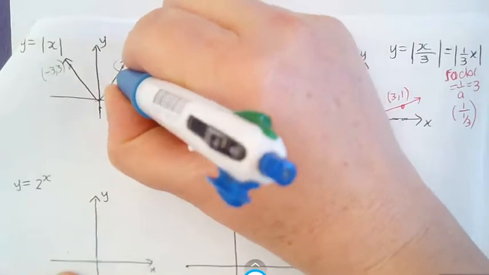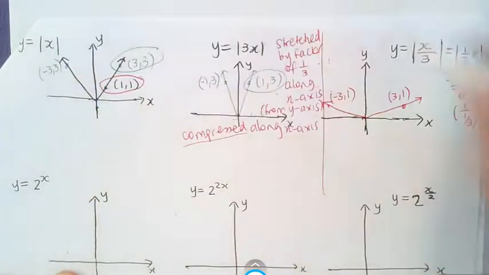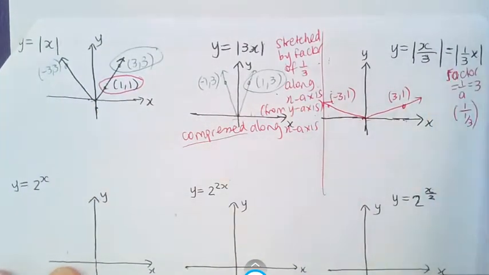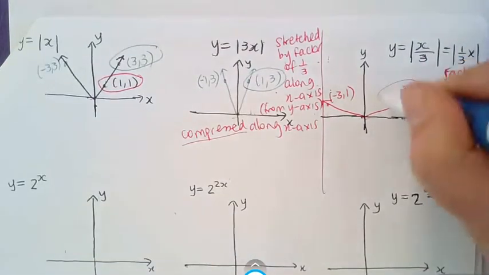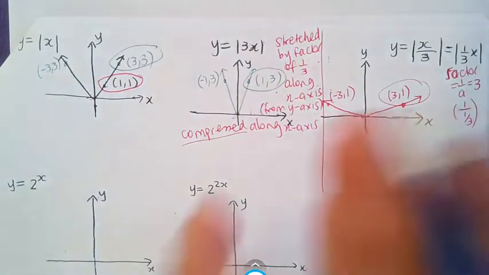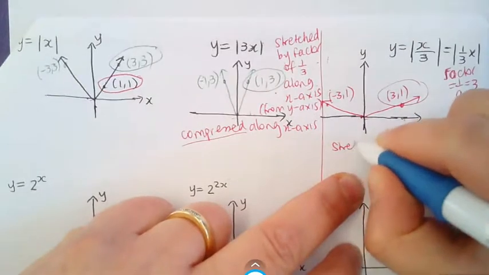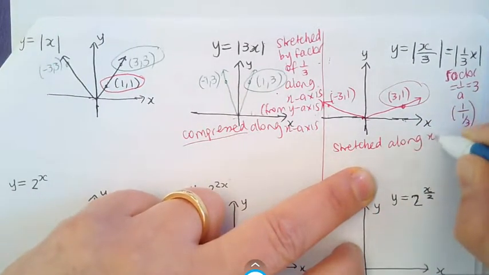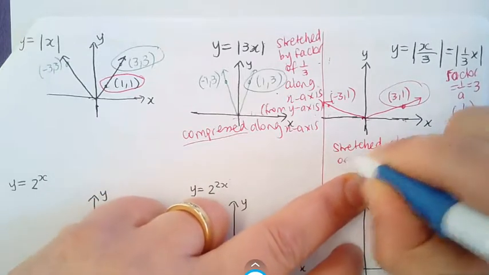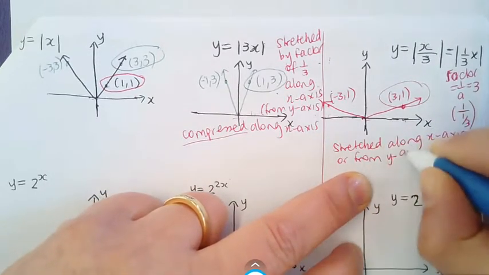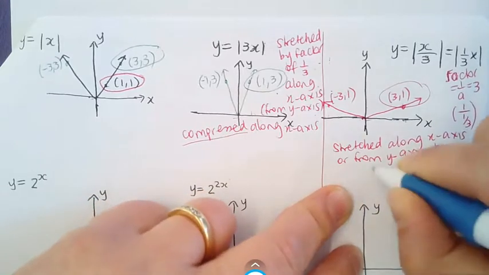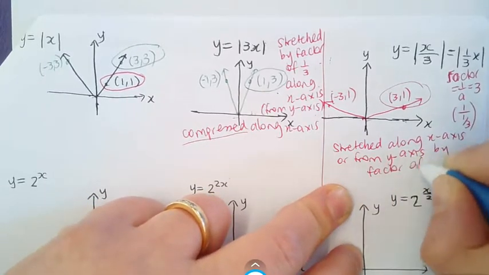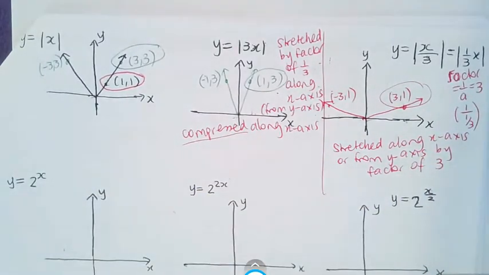You can see that 1, 1, 3, 1 affects the x value. Stretched along which axis? Along the x-axis, or from the y-axis, by a factor of 3, because by a factor of 1 on A.